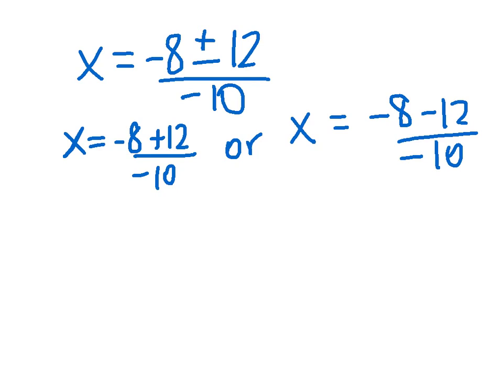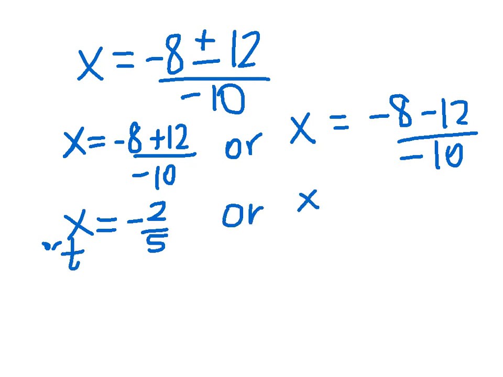So that gives me 4 over negative 10 for this one, which reduces to negative 2/5. So my x, or t really, can be that, or it can be negative 8 minus 12, that would be negative 20, divided by negative 10 would be positive 2.